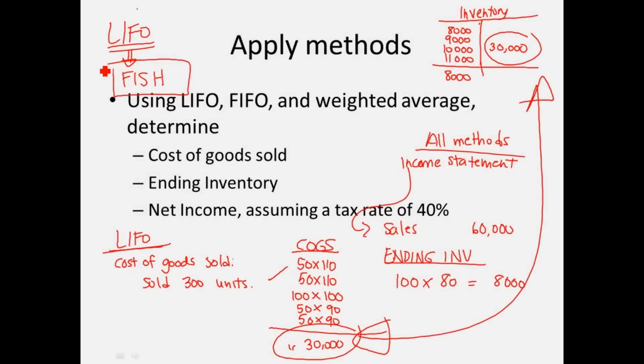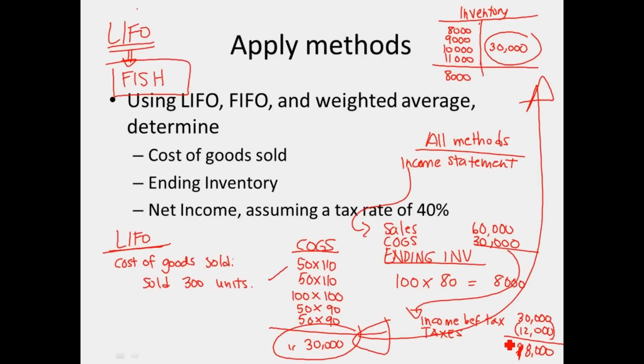Now, if I were to continue on with this problem, I'm saying my cost of goods sold is $30,000, and my net income is what? So my net income is $18,000, right?